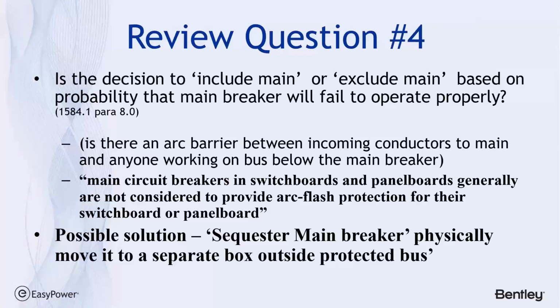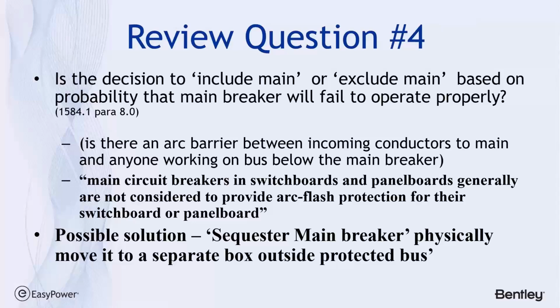The main circuit breakers in the switchboard and panel boards are not considered to provide arc flash protection for their switchboard or panel board. And this applies to most switchboards and panel boards in North America because there's no separation between the incoming conductors and the main bus that the breaker is protecting.